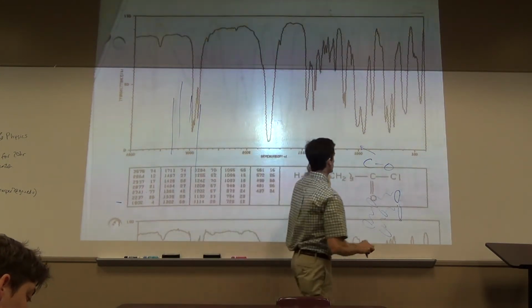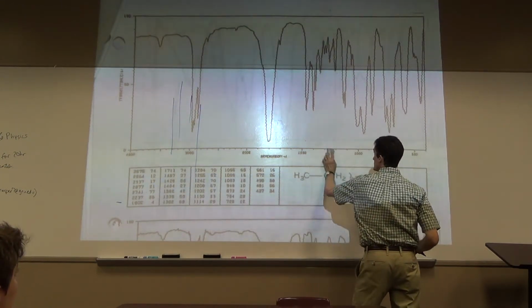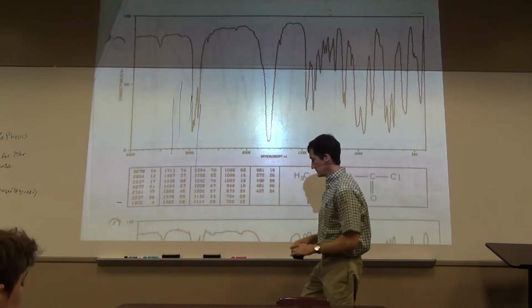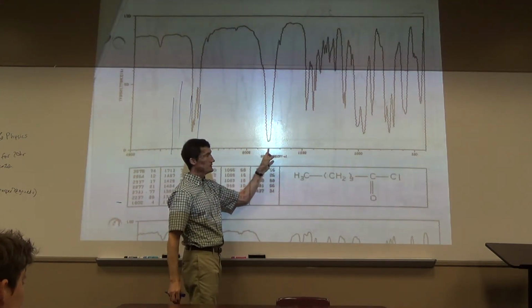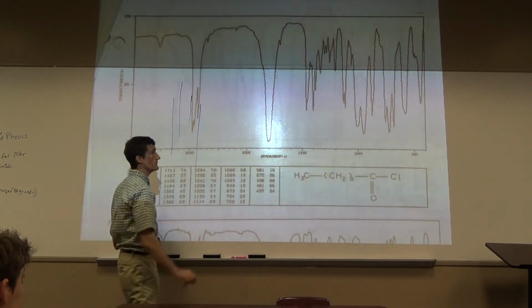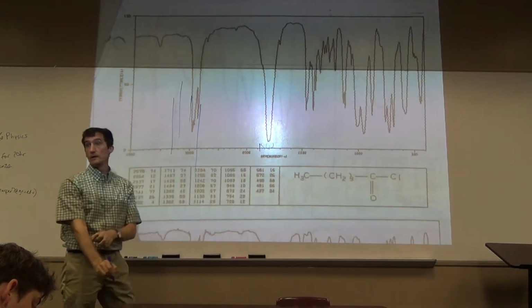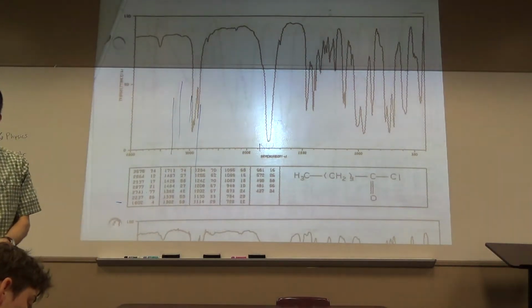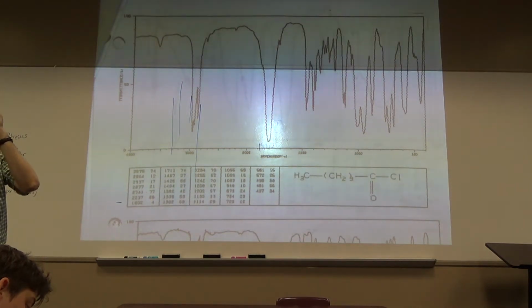Pretty high. 1802. Yeah, the exact number is 1802, is that right? Is that high or low? High. High carbonyl. Acid chlorides give high carbonyls. If you look in the table, it probably tells you that.